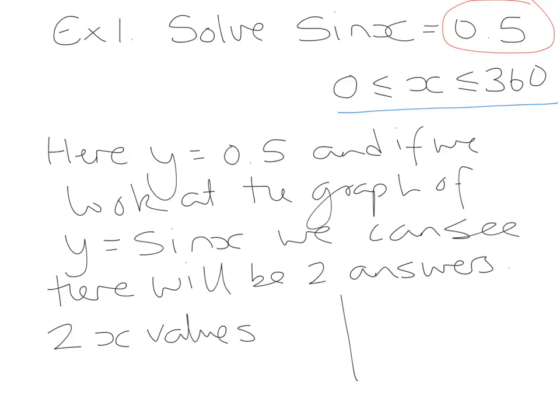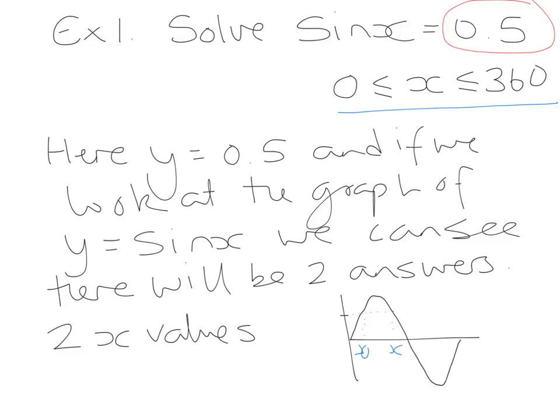I'm going to just quickly sketch the graph there. So there is y is equal to sine x. If we say that that is our half there, then if we come along and down, we can see that we're going to have an x value here. And if we go along further, we're going to have an x value here. So we have two x values on the graph of y is equal to sine x, which equals 0.5.